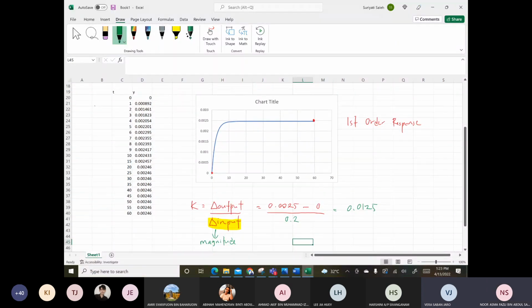Or if we, in this case, why I use 0.245, or you can use 0.246 to get the clear answer. This is based on what has been available. If you have the information of the y value 0.00246, you can use it. Or you can take the round off value.